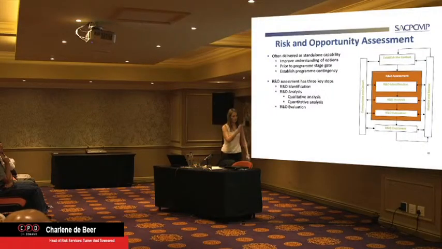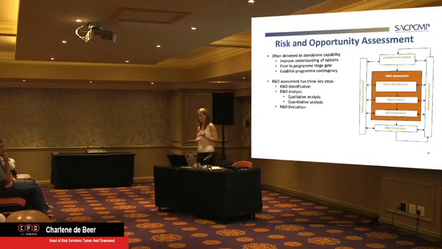Then we've got that area, and it's shaded there, and it's called the risk and opportunity assessment. So in the assessment phase, 3 things basically happen. You identify a risk, you analyze it, and then you evaluate it.